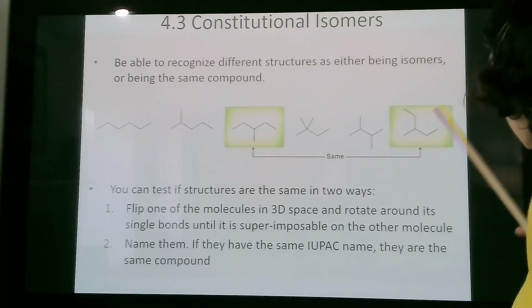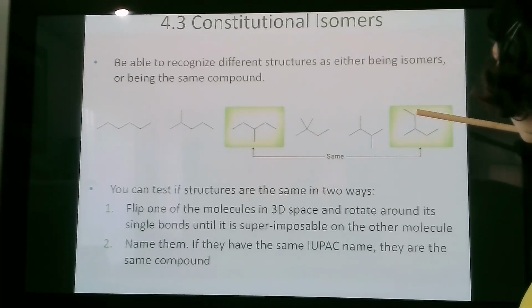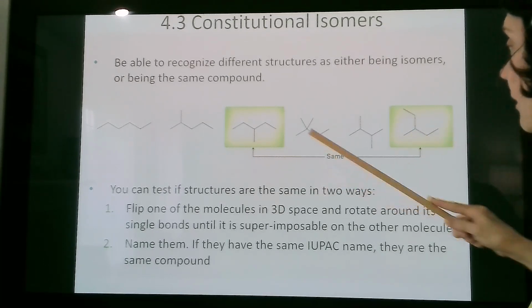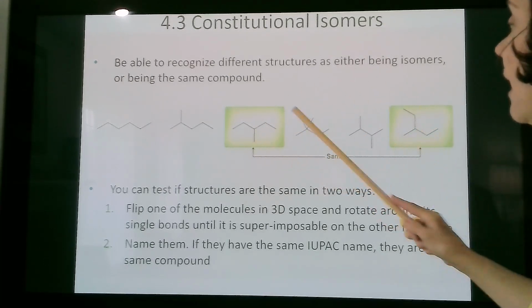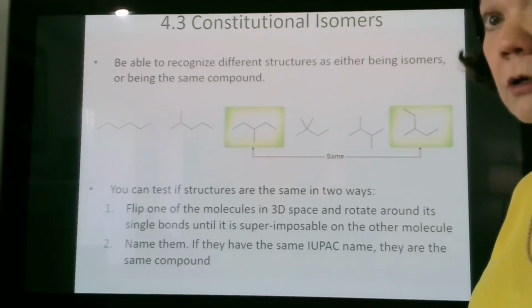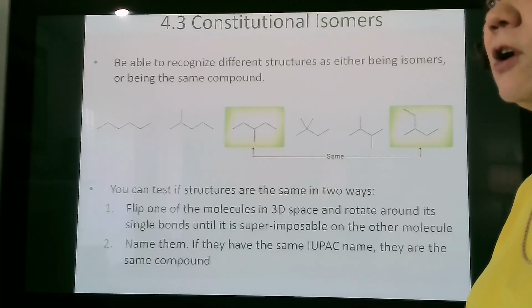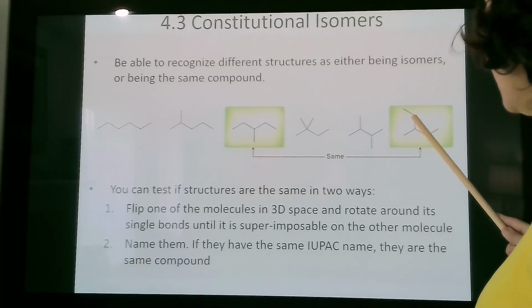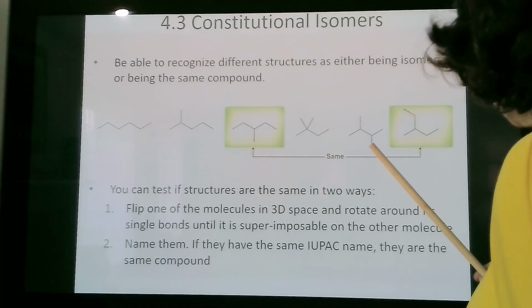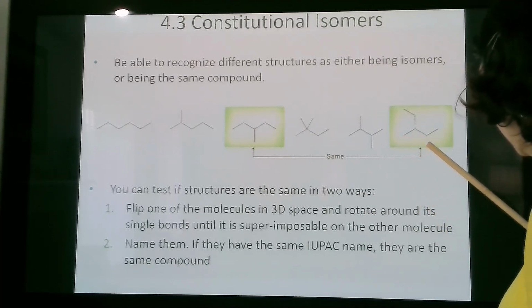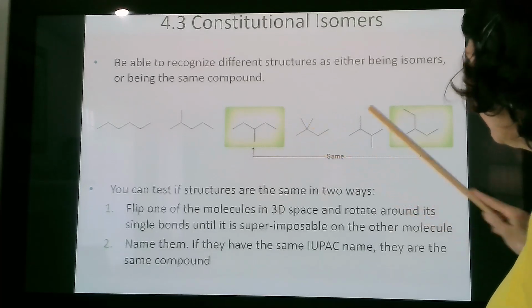But this one, notice 1, 2, 3, 4, 5. The methyl is coming off of the 3 position. So these two are the same. These two molecules are just different conformers. And remember, those are not different isomers. This is just where you've had some rotation about a carbon-carbon bond. I guess what's happened is this methyl has rotated up and it was going down before.